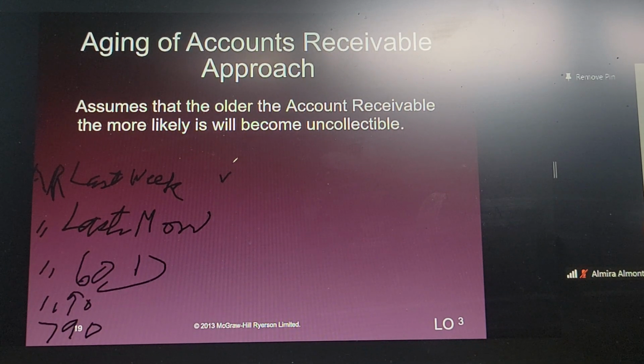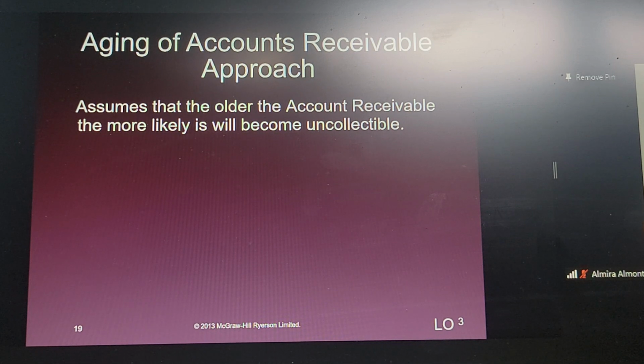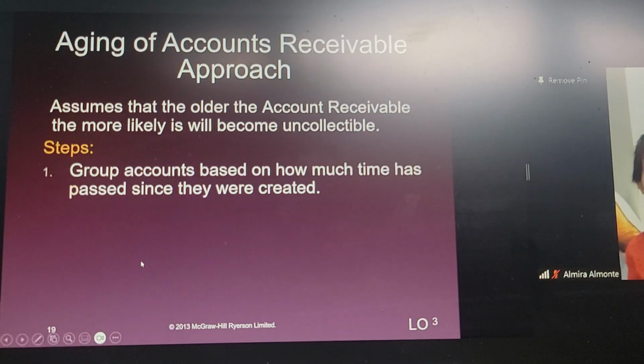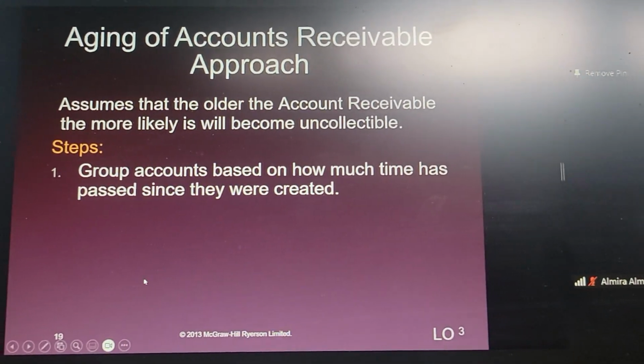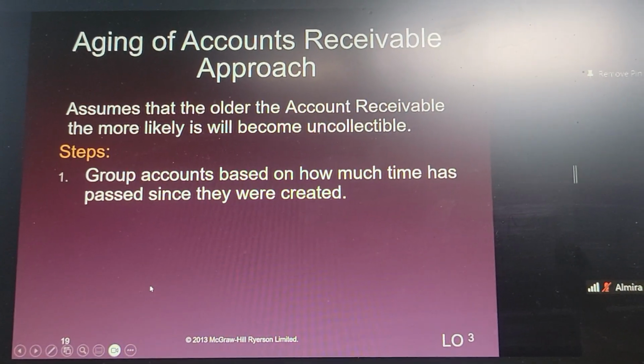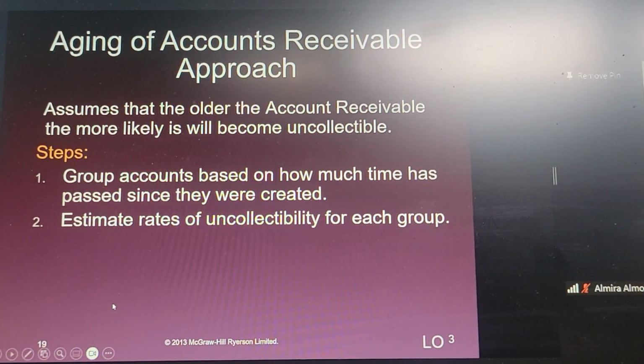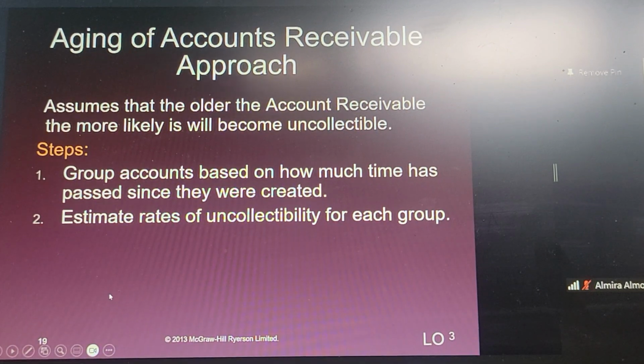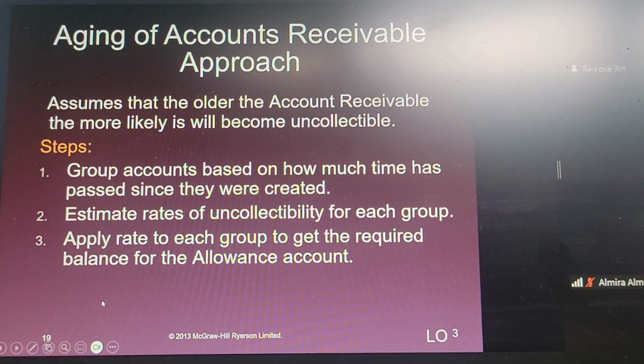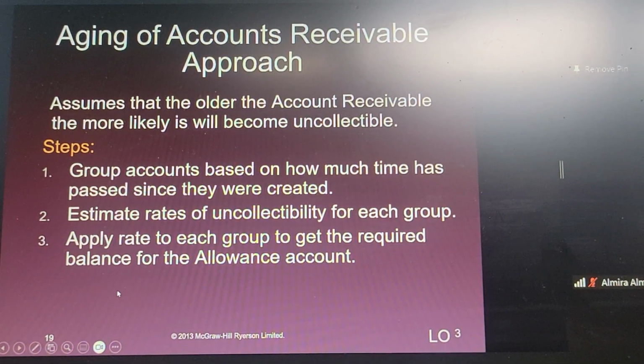So, based on this idea, the accounts receivable will be grouped by how long they have been there, how old they are. For each group of those, I will make a percentage and then add it all together.